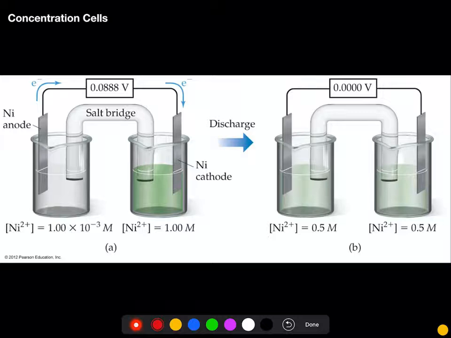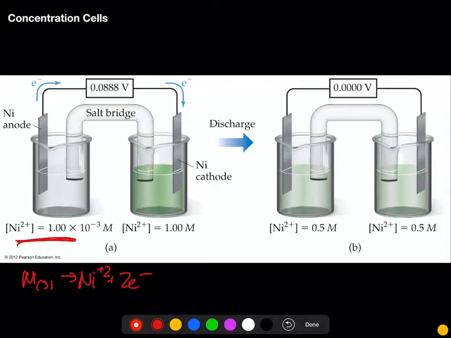So if we look here, this is my anode, where oxidation is supposed to occur. What reaction is happening in there? We are going from nickel solid to nickel 2 plus plus 2 electrons. So oxidation is occurring here, and we'll note that what we've done is we have a really, really low concentration of nickel ions.